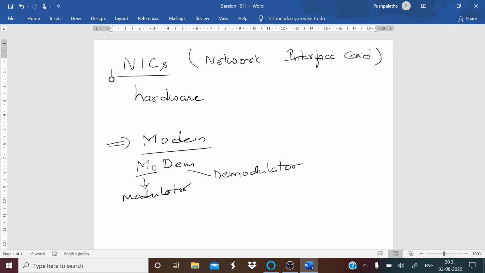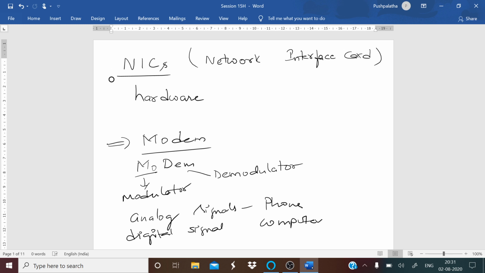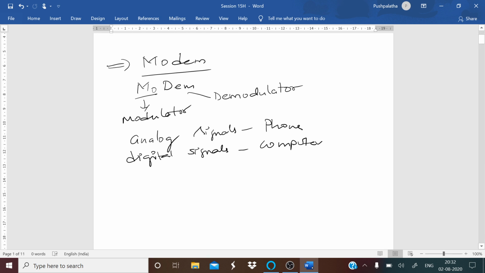It is a device that makes the computer communicate over the telephone lines, because the standard telephone lines use analog signals, and the computer uses digital signals. Analog signals are used by the phone and digital signals are used by the computer.